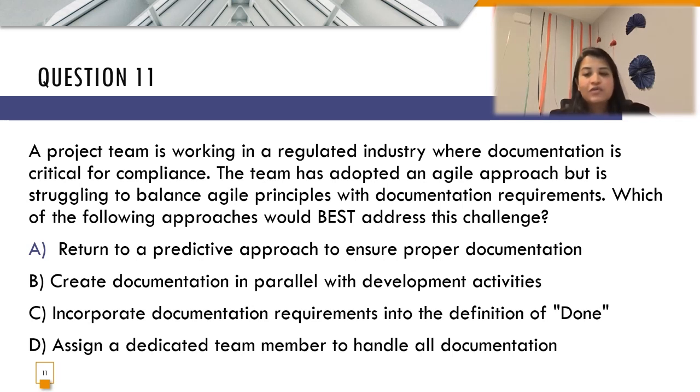So not the best option choice to address this challenge. Option D is to assign a dedicated team member to handle all the documentation. It actually contradicts the agile principle by siloing the responsibilities rather than making documentation the team's responsibility. So option D is not the right option choice either.